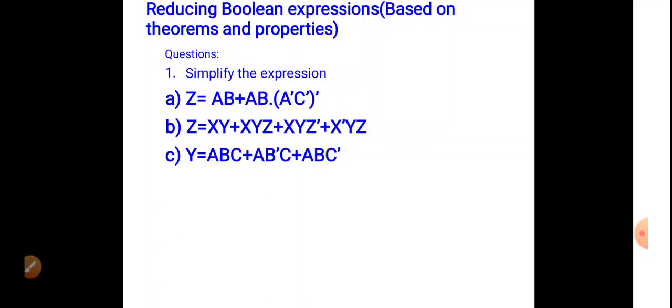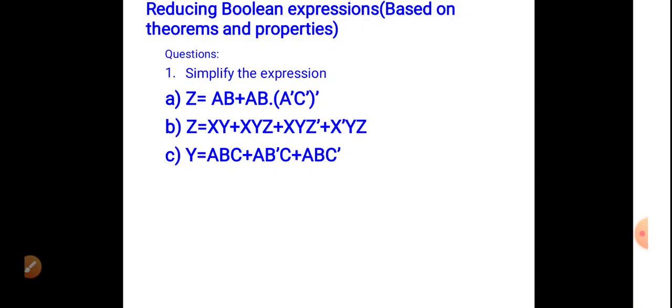So the result we get in step 2 is AB plus AB into (A plus C). In the third step, we need to multiply the variables of the second step.